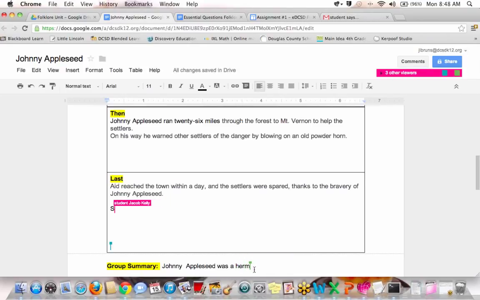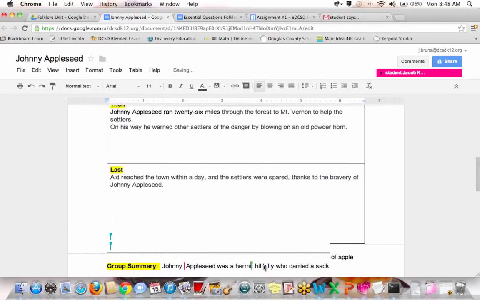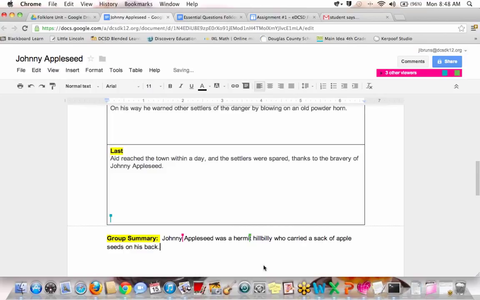There you go, Lucas. You got it. Johnny Appleseed was a hermit hillbilly who carried a sack of apple seeds on his back. Very good.